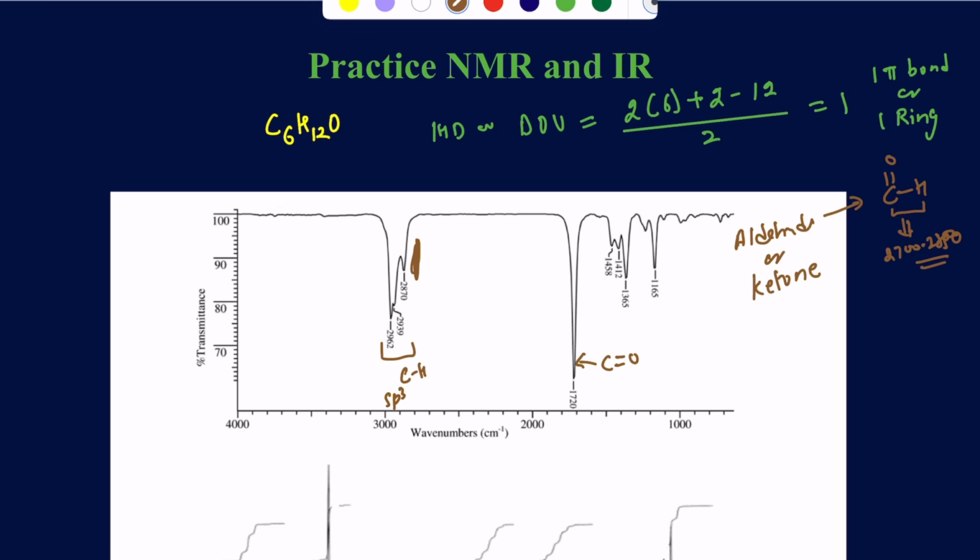In addition to the IR signal for this aldehyde, the hydrogen of that aldehyde is supposed to show up in the proton NMR anywhere between 9 to 10 ppm. So maybe I want to go ahead and look at the proton NMR as well, just to clarify whether or not I have an aldehyde.